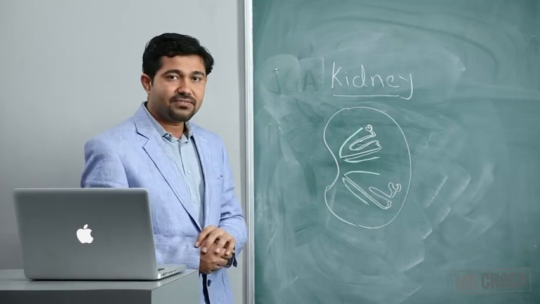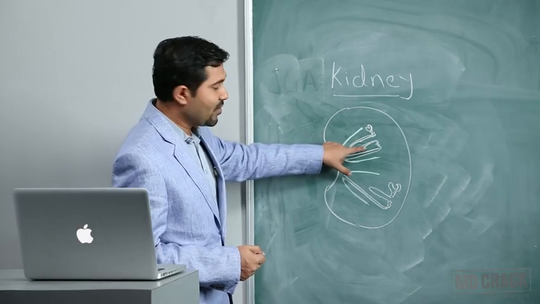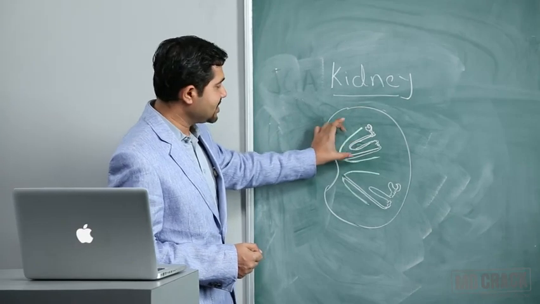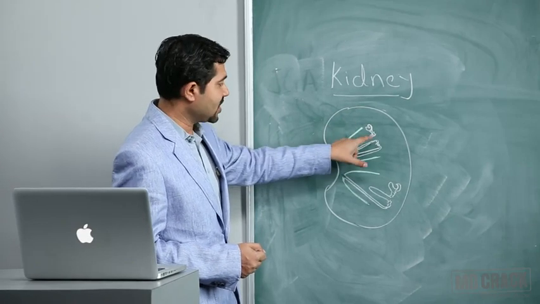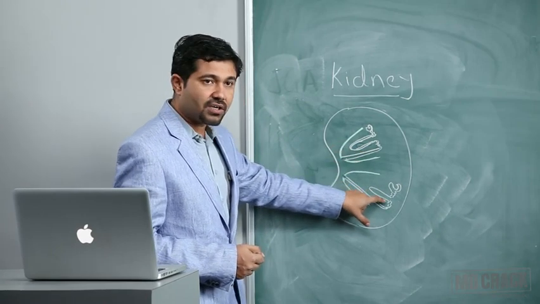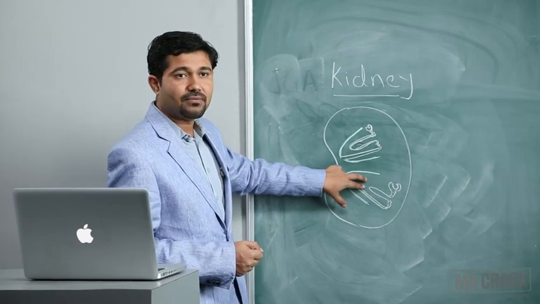Now, what are the other differences? What you see is the loop of Henle. The loop of Henle is longer and lies in the medulla in the case of the juxtamedullary nephron, whereas the loop of Henle is shorter and only a very short part of it is there in the medulla for the cortical nephron.